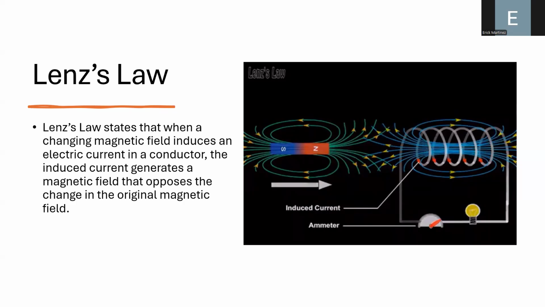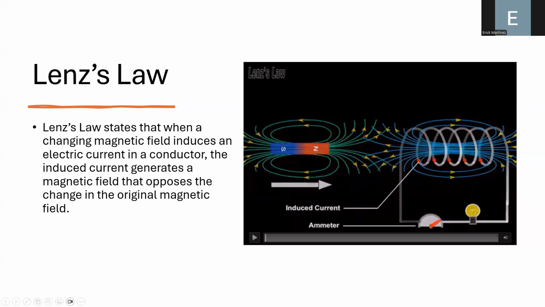what Lenz's law states is that a magnetic field induces an electric current in a conductor, and that induced current generates a magnetic field that opposes the change of the original magnetic field. Basically, they are pointing in the opposite direction. Since the magnet is moving in this direction, the magnetic field will point in the opposite direction.